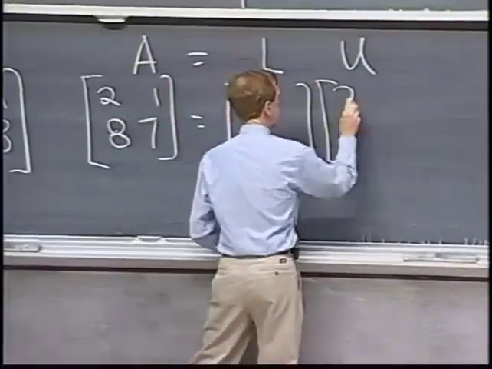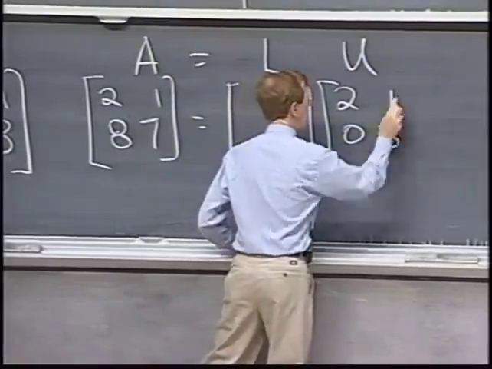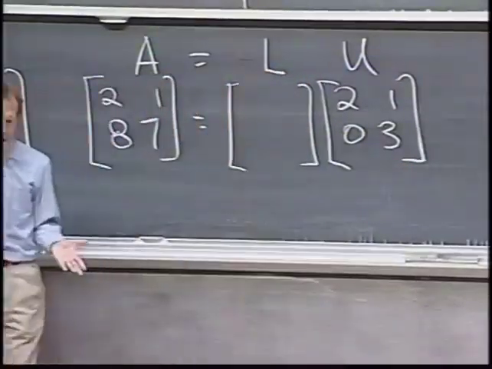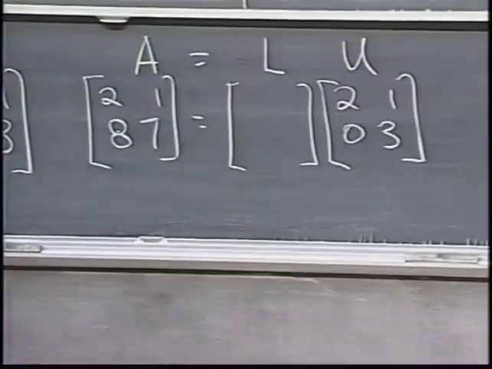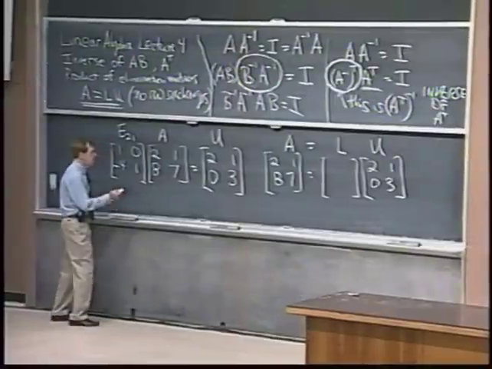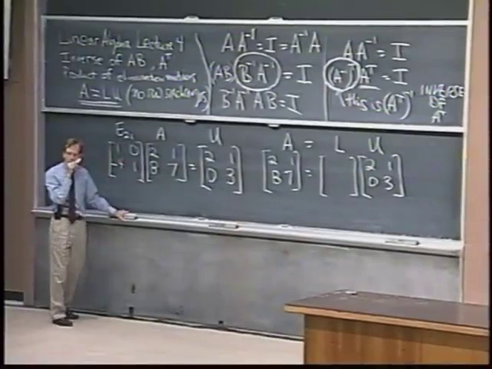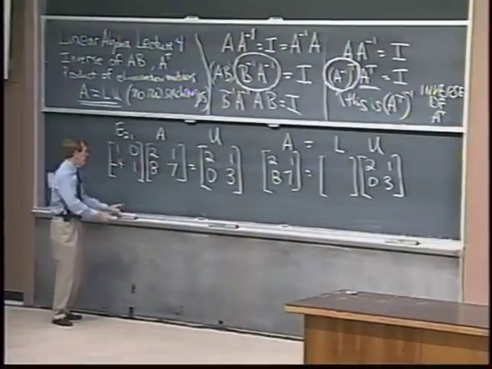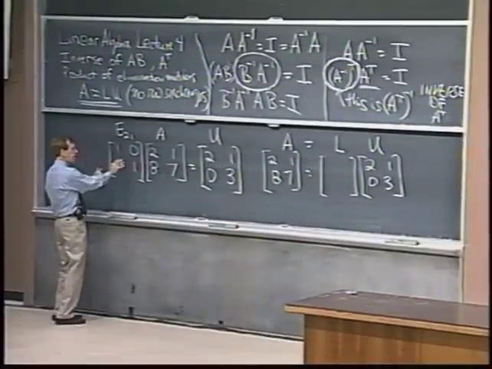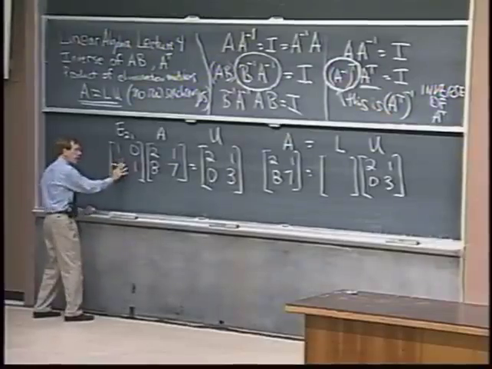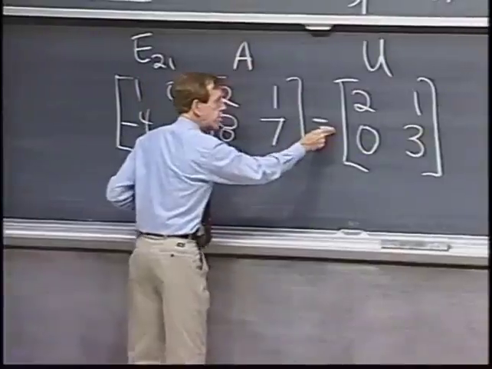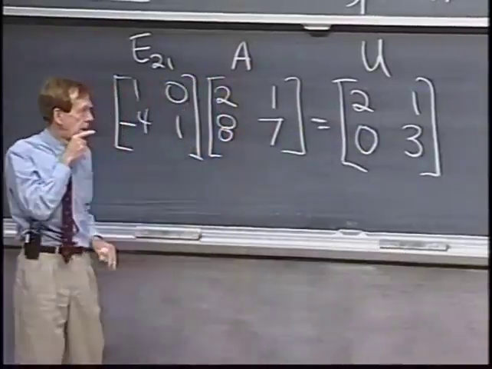And U is still 2 1 0 3. Okay, so what's L in this case? Well, first, how is L related to this E? It's the inverse. Because I want to multiply through by the inverse of this, which will put the identity here, and the inverse will show up there, and I'll call it L.